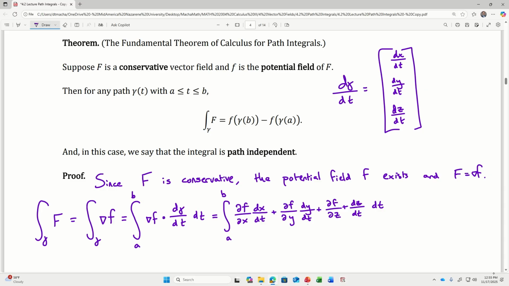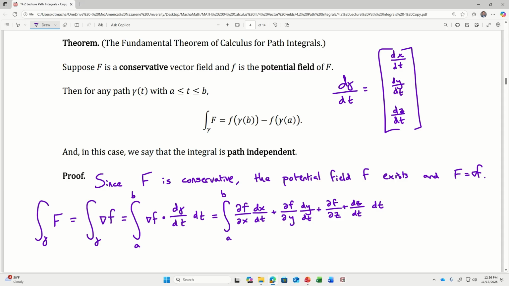Because the gradient is actually the partial derivatives. Oh, sorry, that's not right. That's not the gradient. Those are real derivatives. Okay, it's all right in the end.